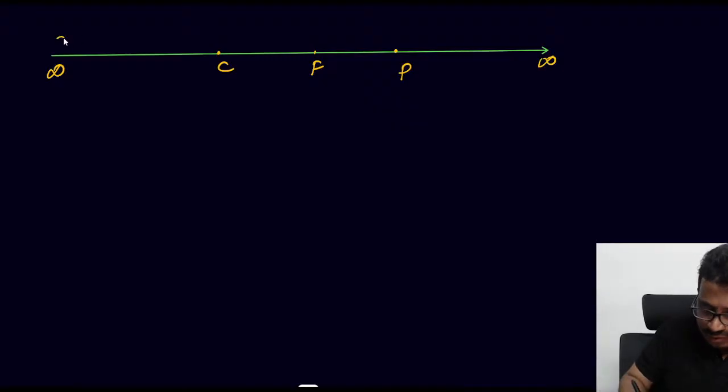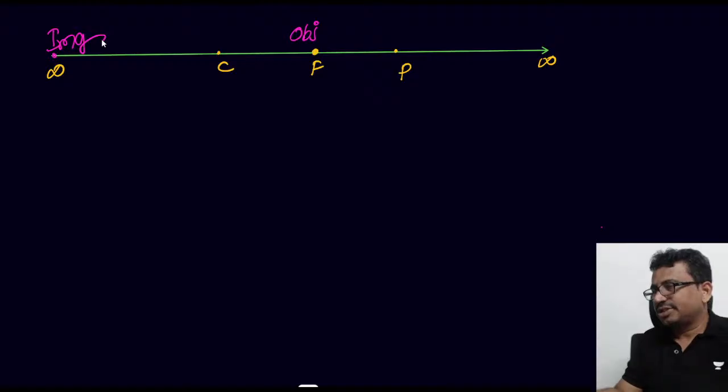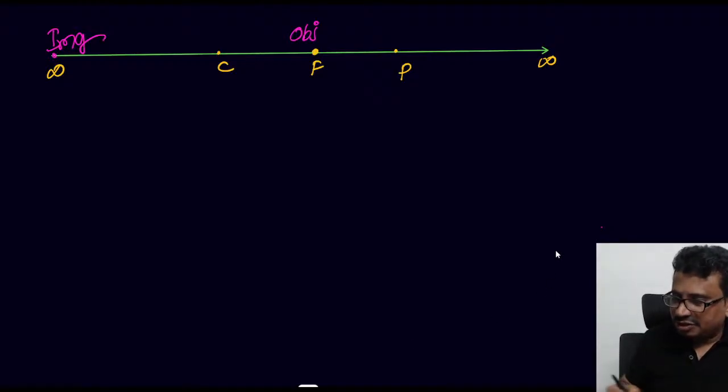If the object is at infinity, we have seen previously; now if the object is at the focus, the image will come at infinity. They will exchange the positions. And what can be the nature of this image now here?